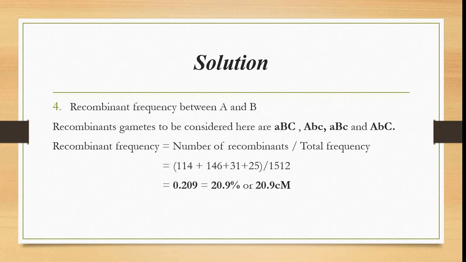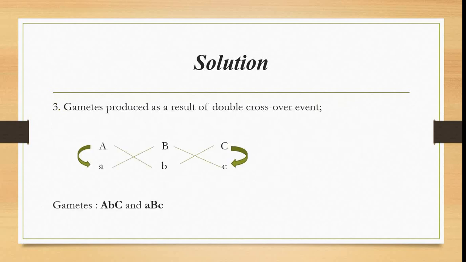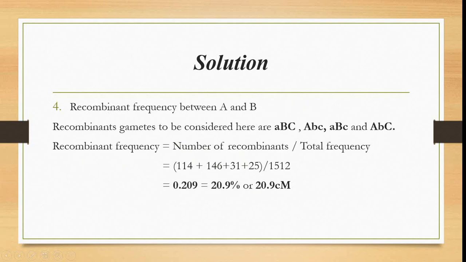But you realize that even in the double crossover, the same thing was happening between A and B. There's still crossing over happening there. So to calculate the recombinant frequency, we will include the double crossover gametes as well: small a, capital B, small c, and capital A, small b, capital C. So you are going to get four gametes in all.